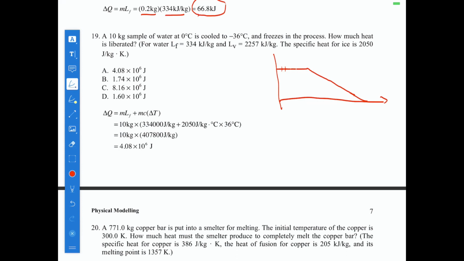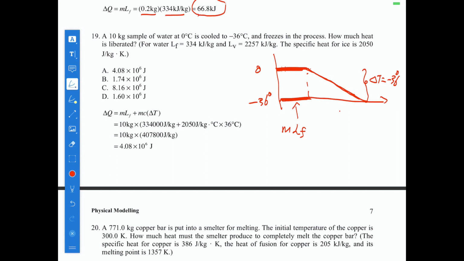This is 0 degrees, this is minus 36 degrees. So there's an amount of energy required. For the phase change, this is M times latent heat of fusion. Then the temperature change is minus 36 degrees, so you are in ice.